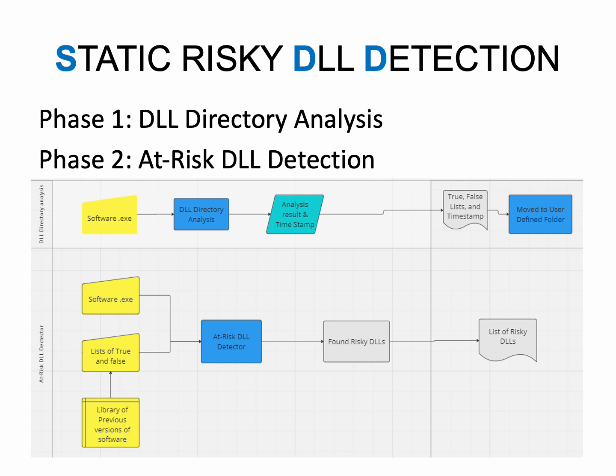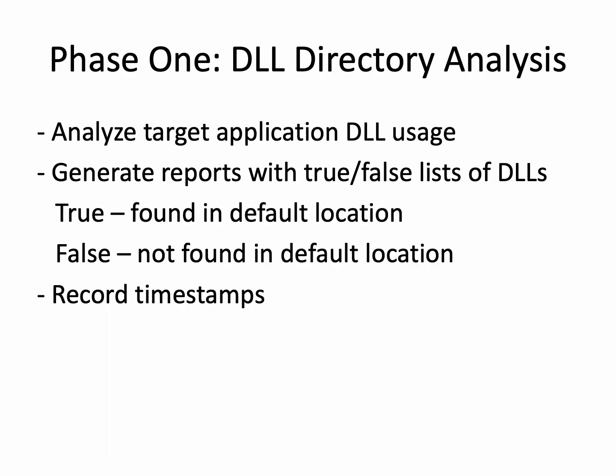The second phase is called at-risk DLL detection. We use the information from phase one and compare it with the latest versions of the software to see if any DLLs have changed locations, which we think is risky.